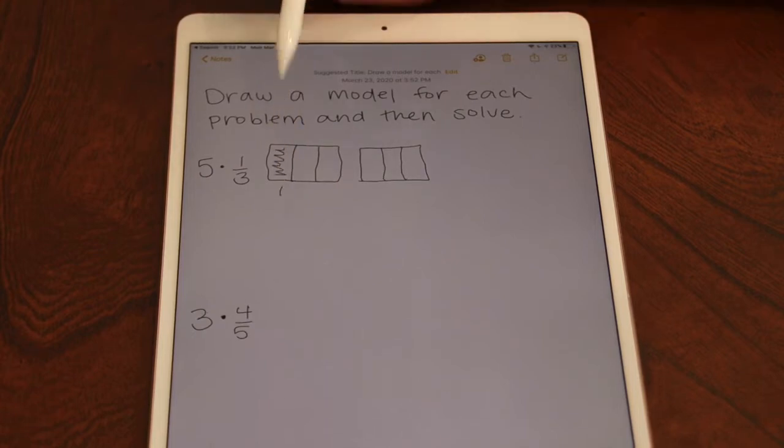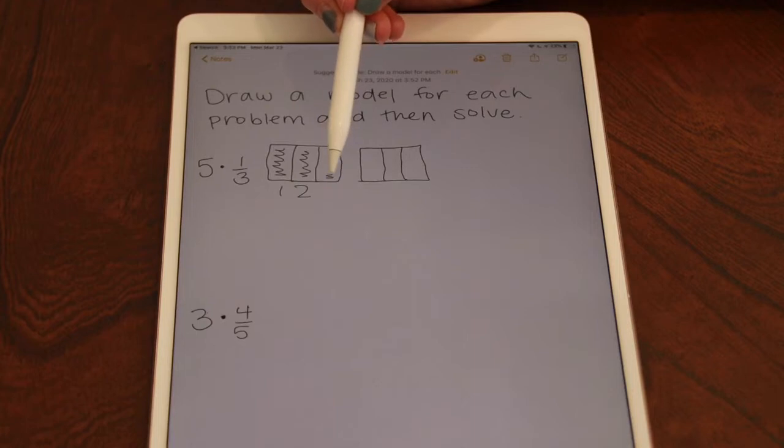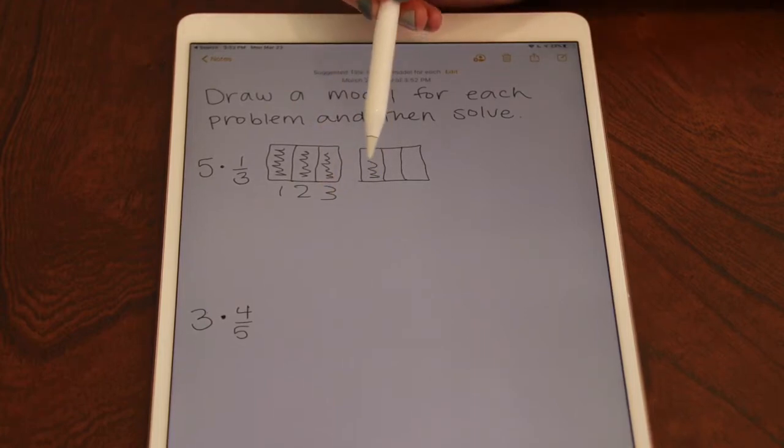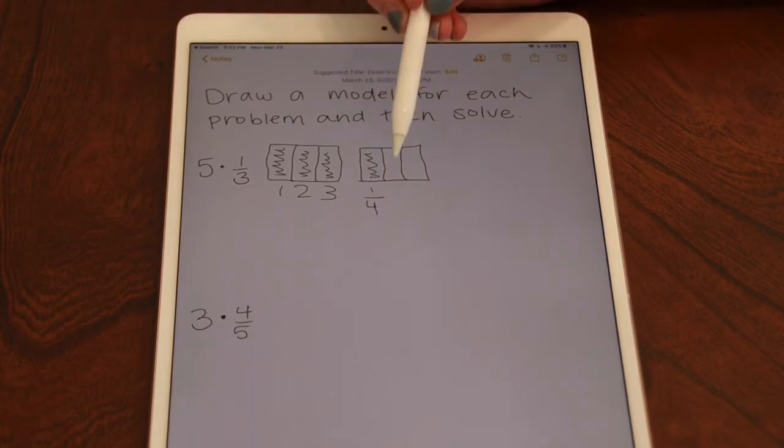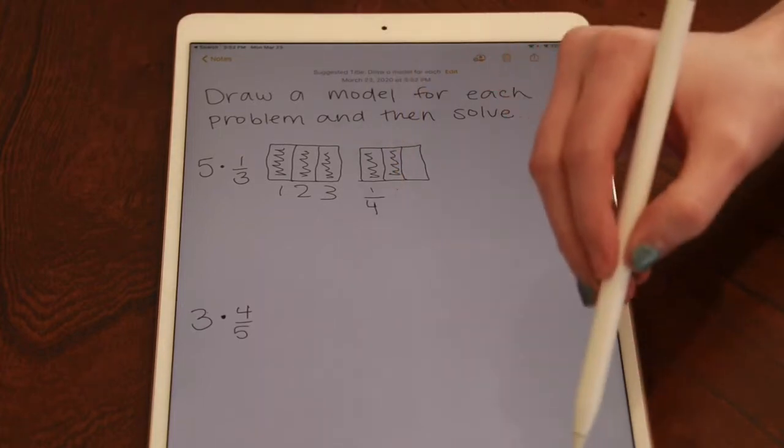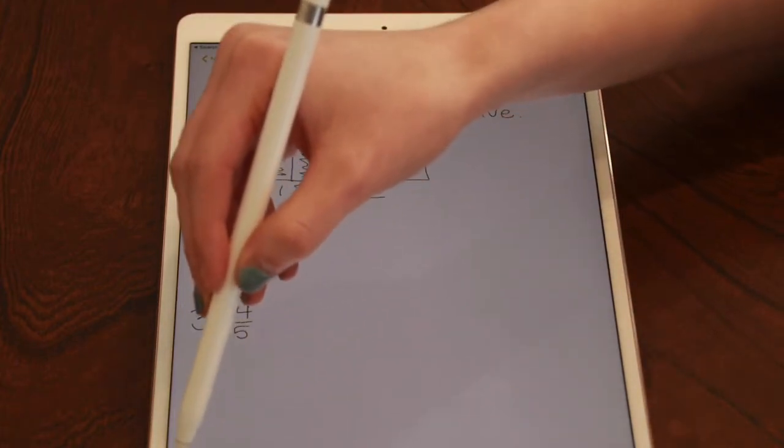So there's my first 1/3, my second 1/3, my third 1/3, my fourth 1/3. Sorry, I didn't need to make that into a fraction. My bad.